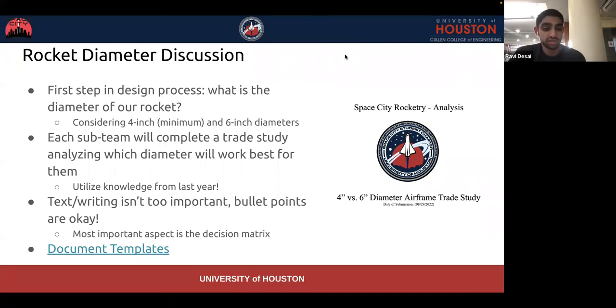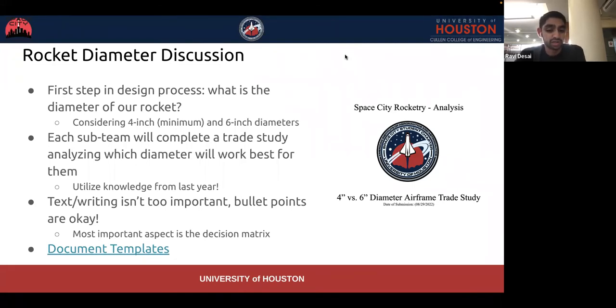So I want us to utilize the knowledge that we now have from last year, especially considering our performance of Zenith at Spaceport America Cup, and incorporate that into each sub-team's respective trade studies so that we can make a more informed decision on whether a 4-inch or a 6-inch diameter will be best for the team and best for us reaching 30,000 feet. One thing I did want to note is that the text and writing is not too important. Bullet points are okay for that.